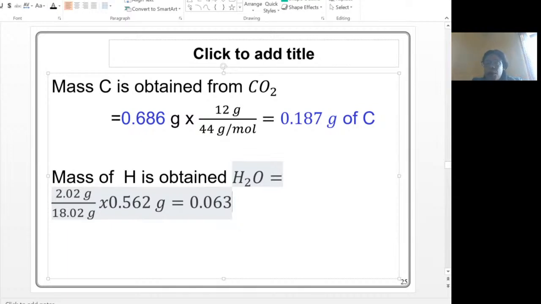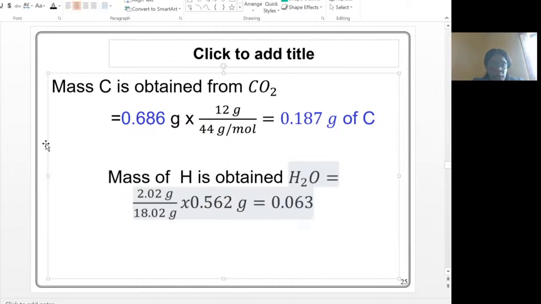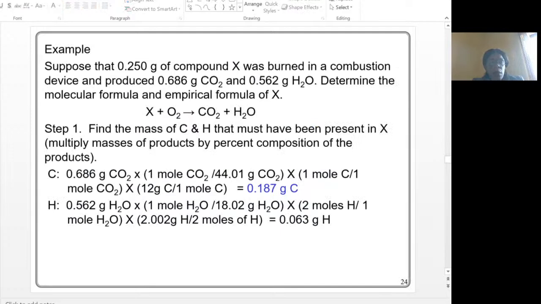Now we can check with what was obtained using the first method. So the mass of hydrogen is actually 0.063 grams.